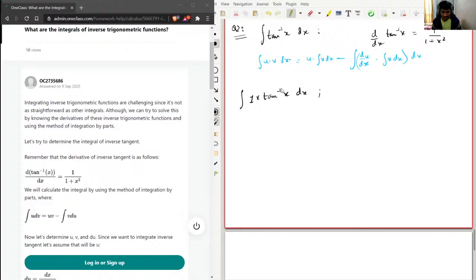So here the direct integration of tangent inverse x was not possible. So we'll take this tangent inverse of x as u here and this one as v here.